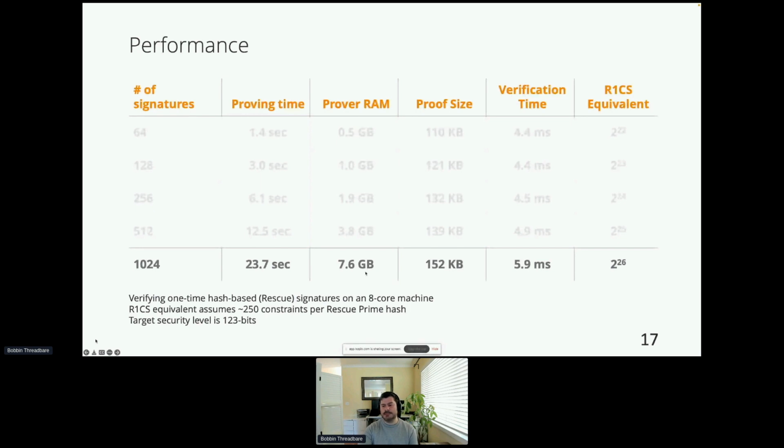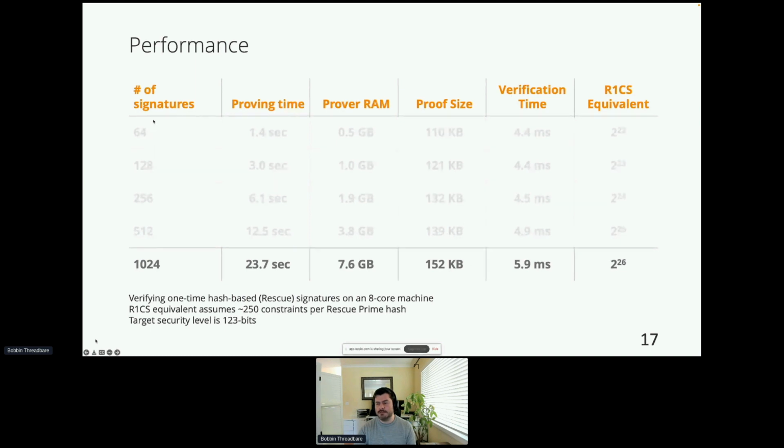So in this case, it takes almost 8 gigabytes of RAM to generate a proof. 8 gigabytes is not too bad. Most computers have it, but if you wanted to go beyond that, you can see the RAM requirements grow pretty much linearly with the number of signatures. And in this case, proving time also grows almost linearly. It's quasi-linear, but the proof size, you can see, doesn't change all that much.